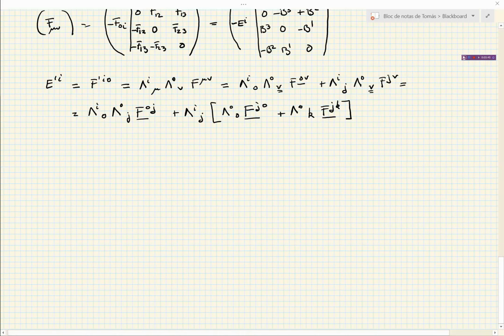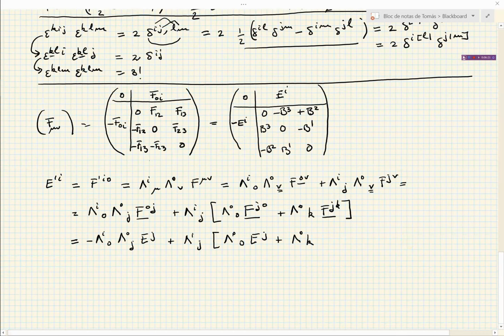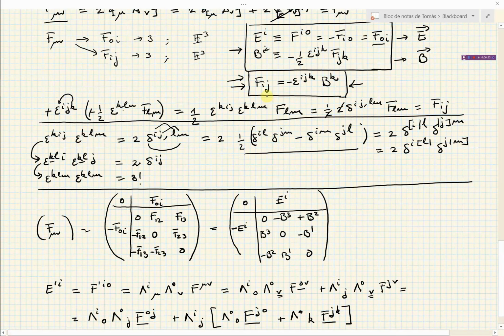This F 0 j is minus E j, so we have minus lambda i 0, lambda 0 j, E j, plus lambda i j, lambda 0 0, and this is E j, plus lambda 0 k, and then we use this inverse relation here.